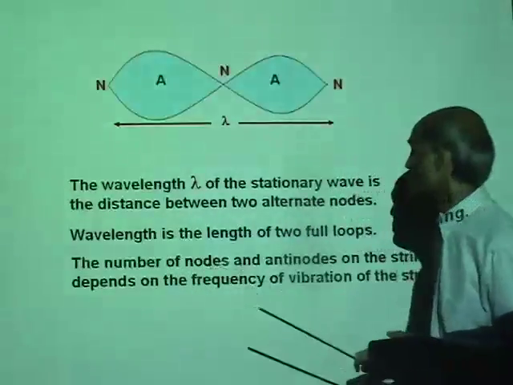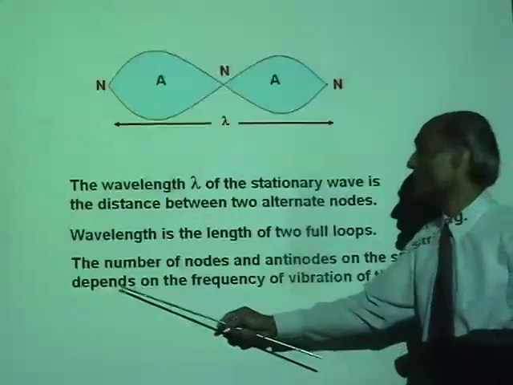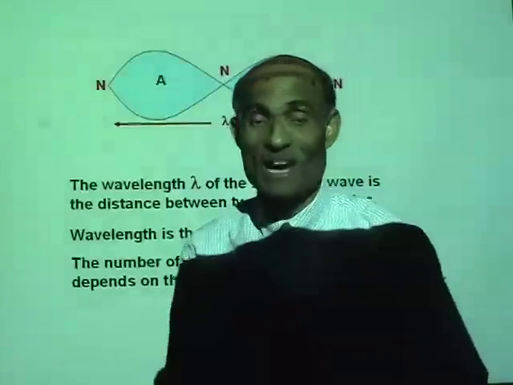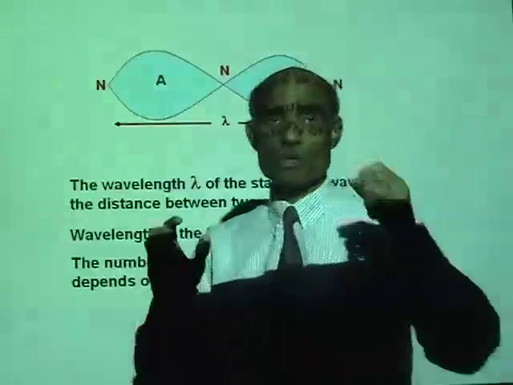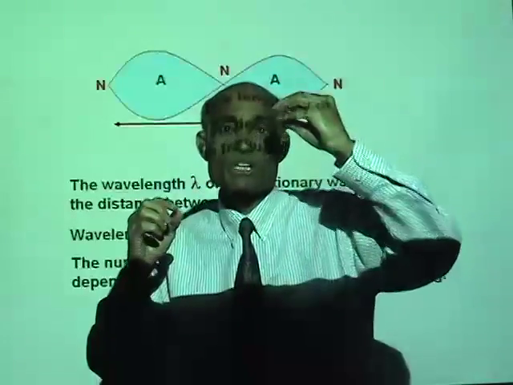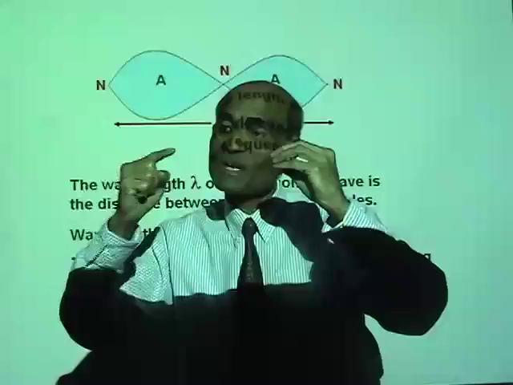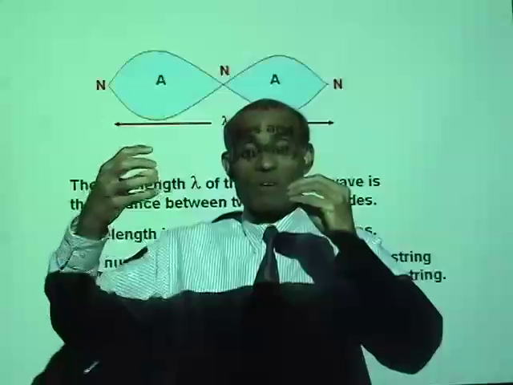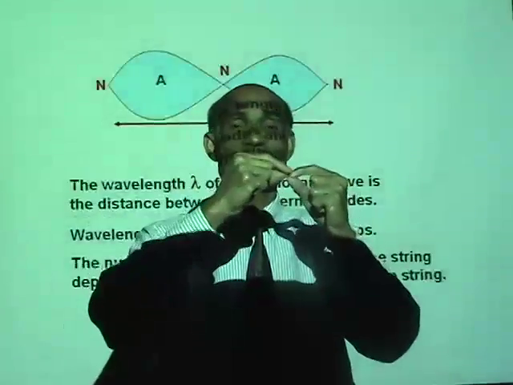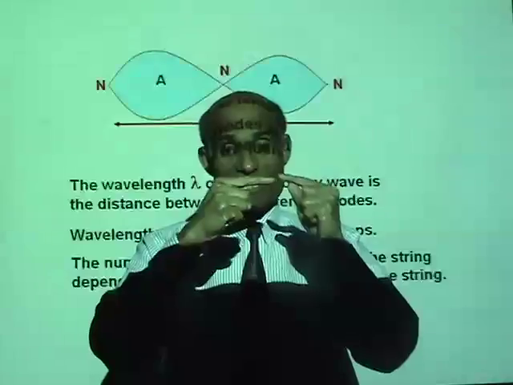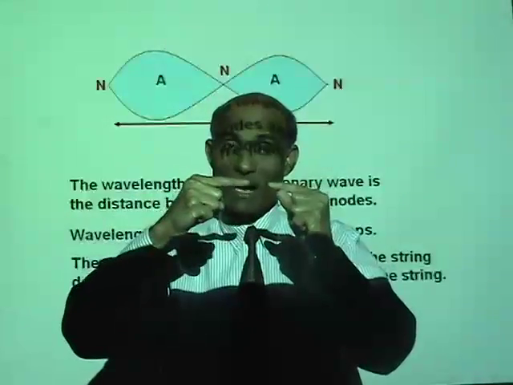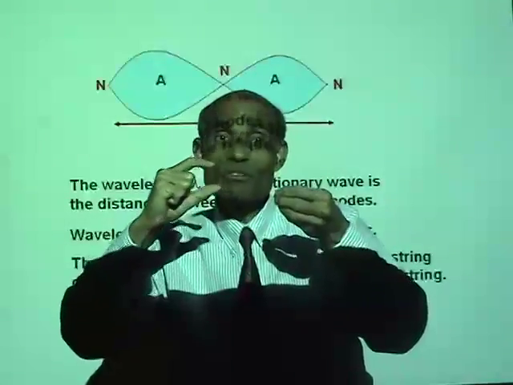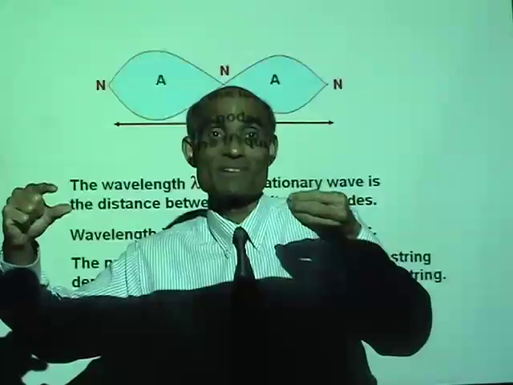The number of nodes and antinodes on the string depends on the frequency of vibration of the string. Now you remember I told you that by the time the vibrator completes one vibration, if the wave goes and comes back, then the string will vibrate in one segment. But suppose by the time the energy goes and comes back, the vibrator completes 2 vibrations, then the string will vibrate in 2 segments.